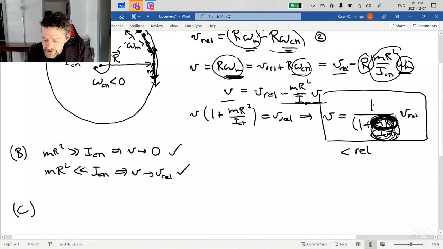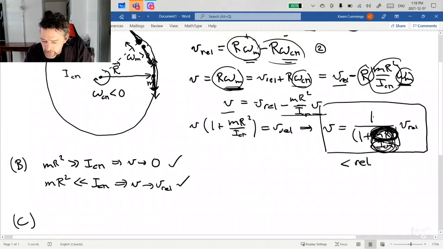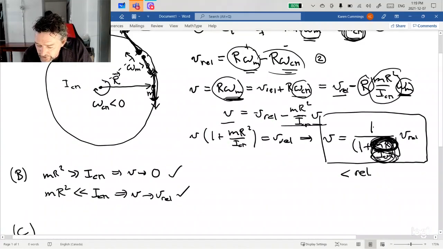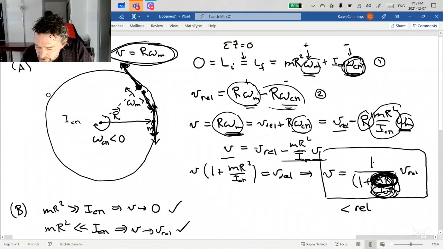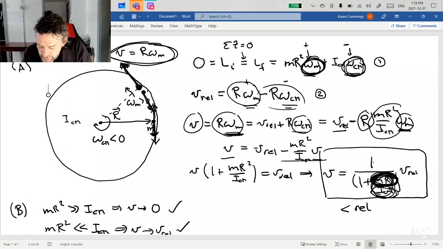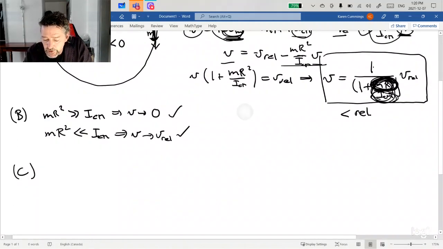Basically you need to know both final angular velocities. These were our two unknowns. We figured out omega m, because we figured out v, and v is just r times omega m. We need to figure out omega cm, the angular velocity of the disk.